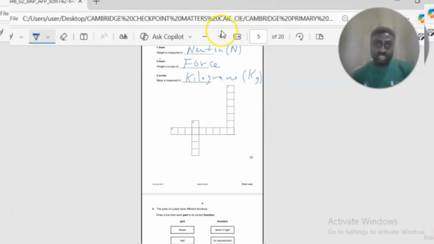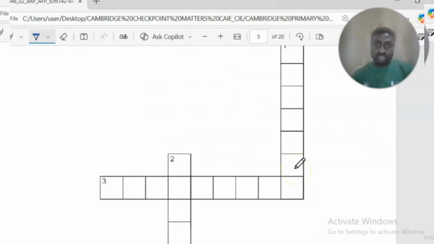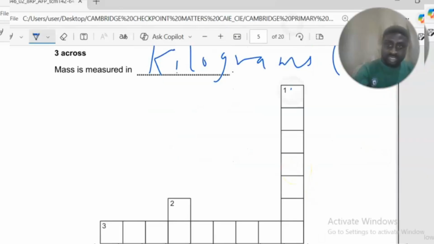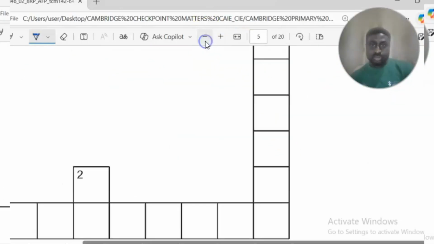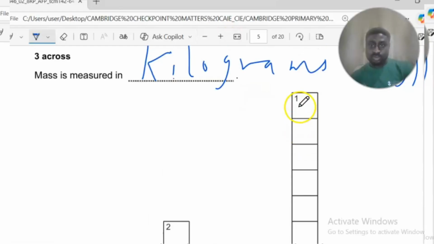I need to expand it again. So I have letter N here. Let me make it a bit zoomed in. So here you have N, E. This is what you have to do.